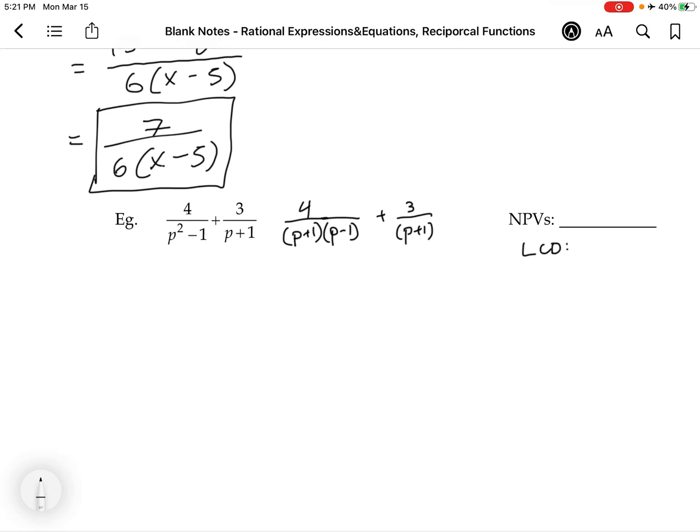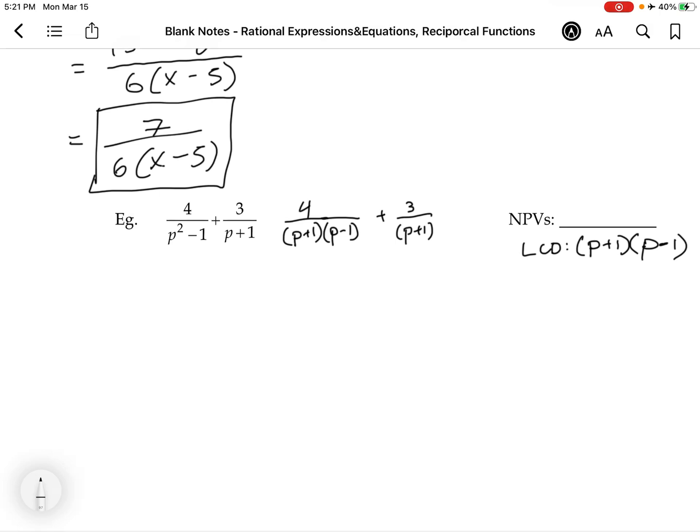Now, LCD. I have to have everything in at least the first denominator, so I'm going to stick that in. It's got to be at least p plus 1 times p minus 1. Now I'm going to check my second denominator. That has a factor of p plus 1.